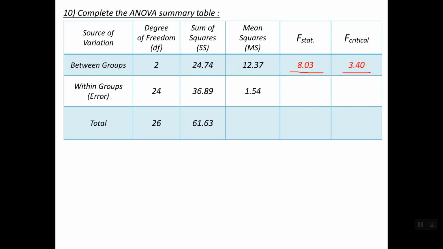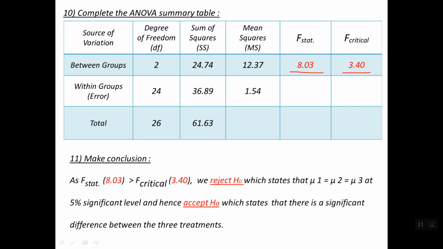And because we reject this hypothesis, we accept the alternative hypothesis, which states that there is a significant difference between the three means. So this is the conclusion. This is the last conclusion.